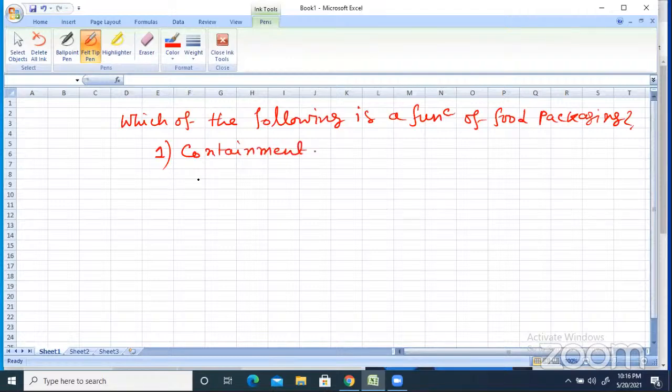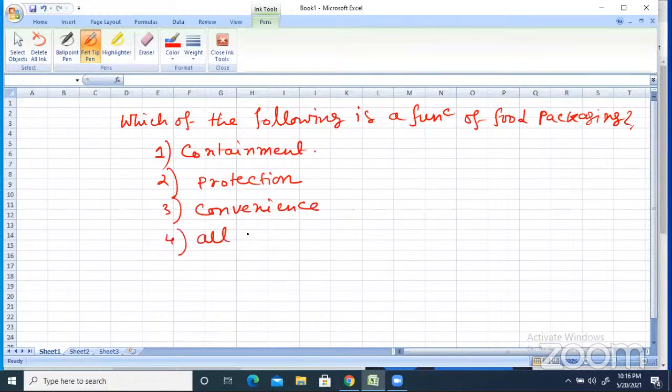Number two, protection. Number three, convenience. Number four, all.